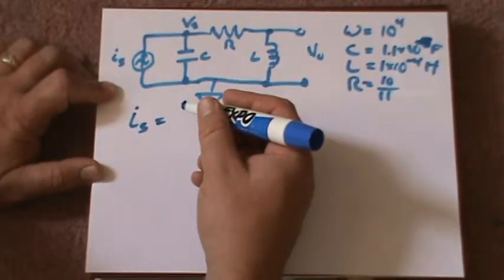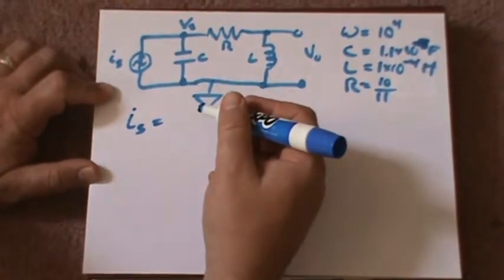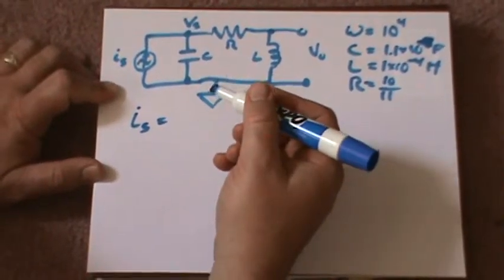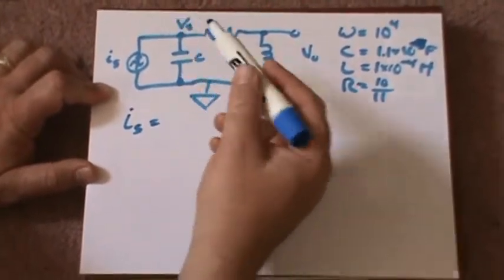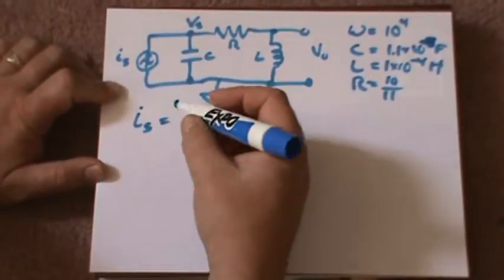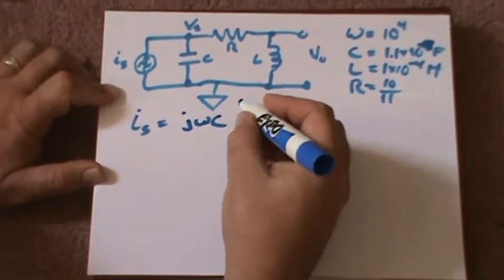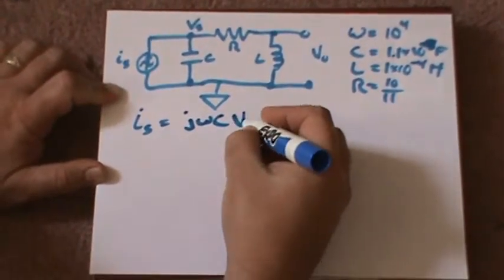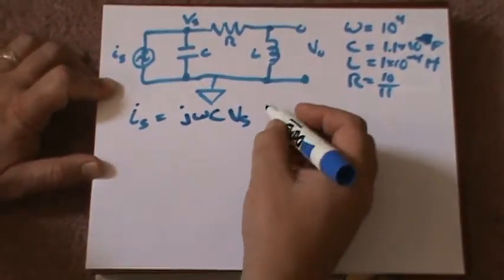Now the equation for a capacitor is its current is equal to j omega C times whatever the voltage drop is. In this case, the voltage drop across the capacitor is whatever V_S is. So I get j omega C times V_S, and that's the reactance of that capacitor.